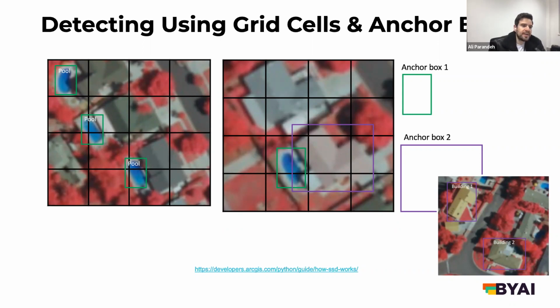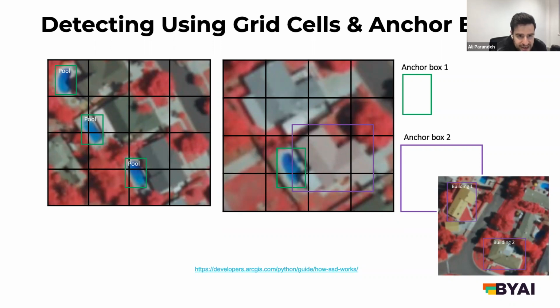So the main purpose of anchor boxes is to help us demarcate between multiple objects within the same grid cell. So using grid cells to identify where the objects are is one way we get rid of the second stage of the process, which is proposing regions.